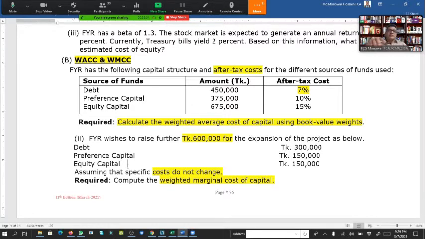So here it is the last one, which means it's fully separate from the previous one. This is the marginal weighted cost of capital only for these 6 lakhs.